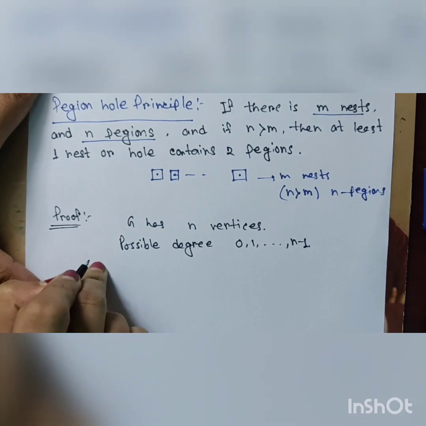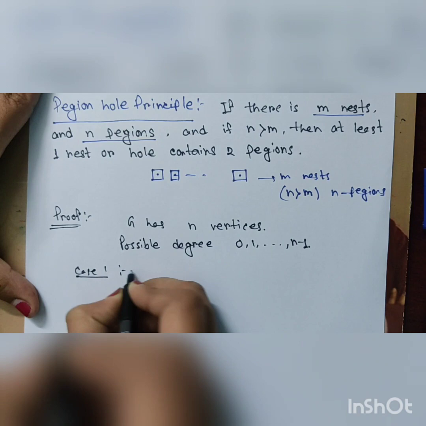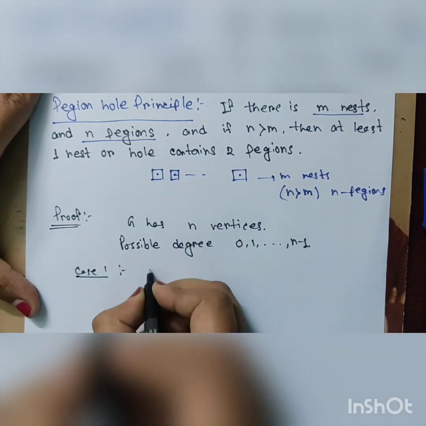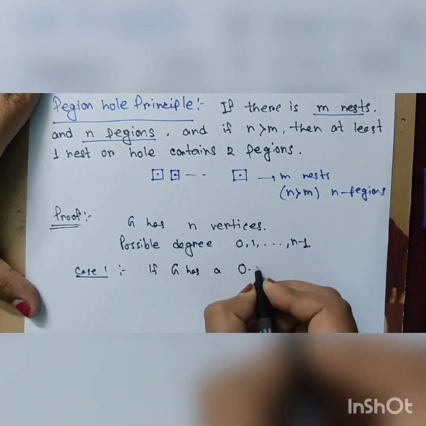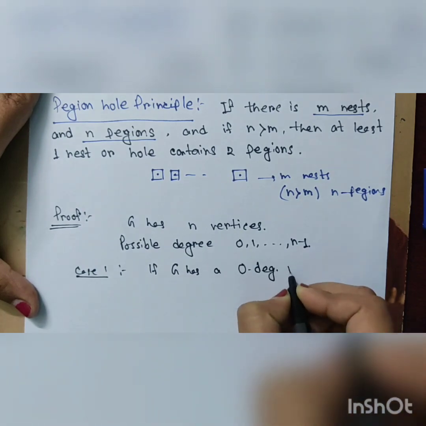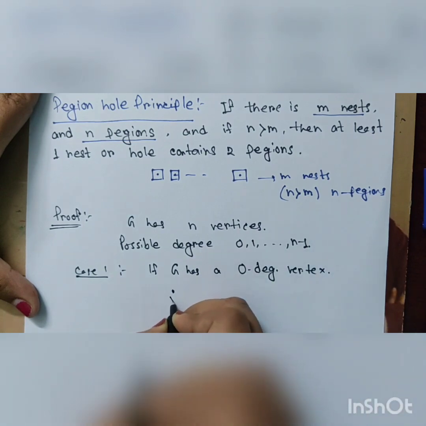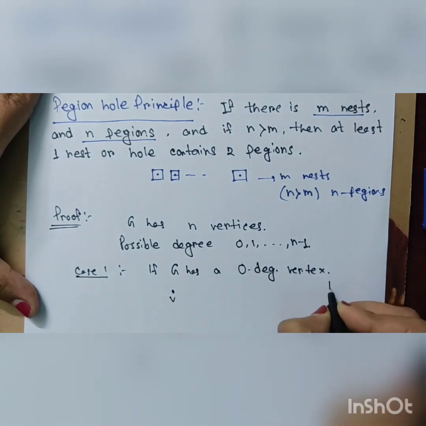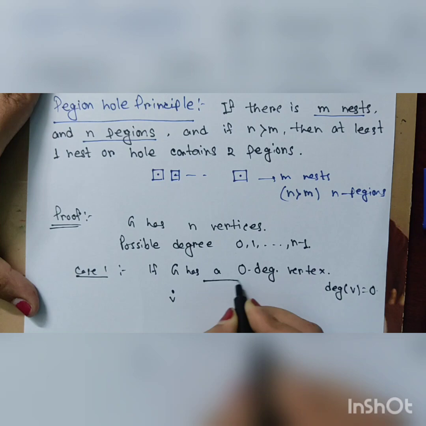Firstly, we will consider case 1. If G has a 0 degree vertex, that means this vertex is an isolated vertex. So this vertex V has degree 0, and it is adjacent to none of the n minus 1 other vertices.